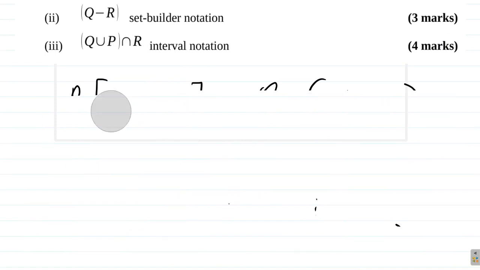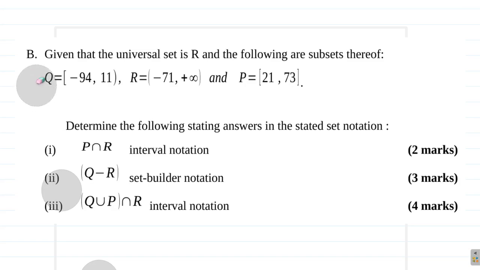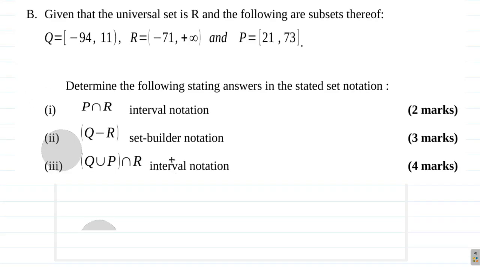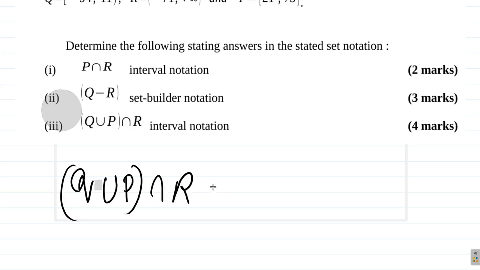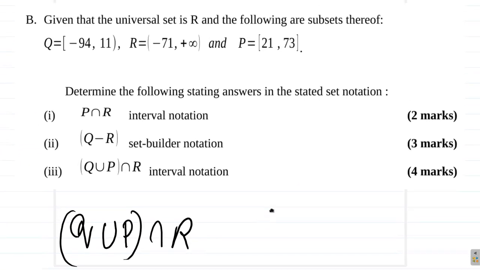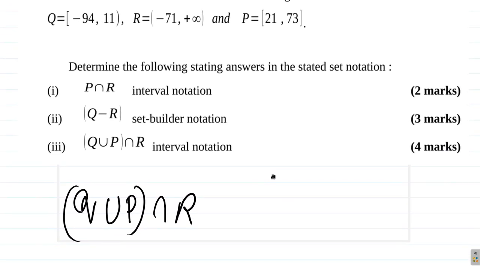So we just erase these and see part 3 of the question. Now here, Q union P, we have Q union P intersect R, interval notation.